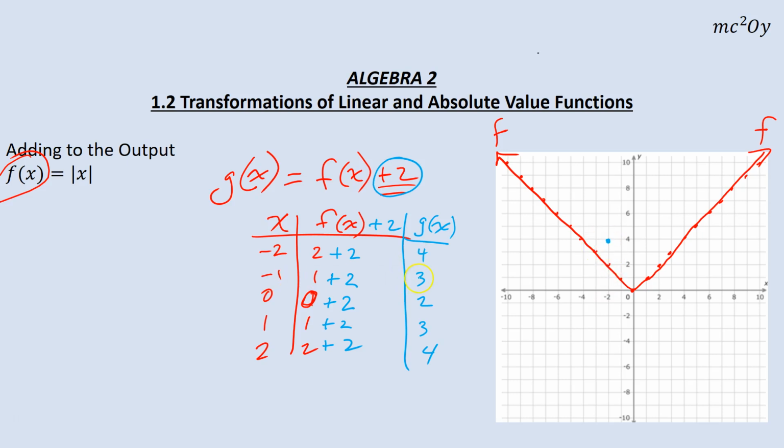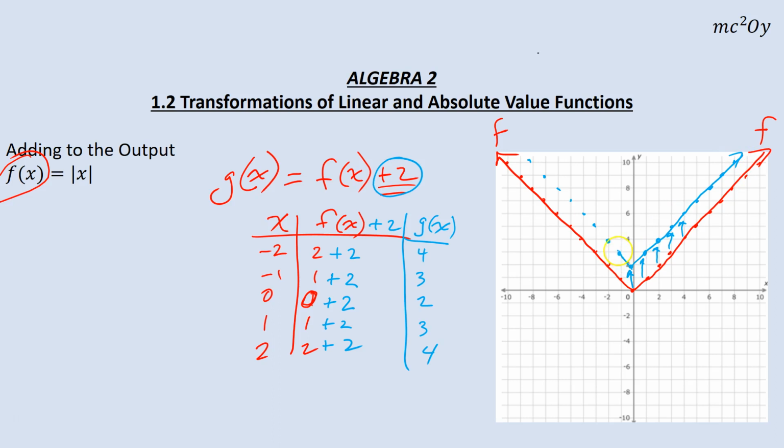We take the -1, 3, we plot it, and you can see in a picture format when we start plotting all those, and I'll continue out the pattern. In a picture format, if you just focus on the points, it looks like each of them moved up 2 points. So it actually did a vertical translation, and that's actually what happened.